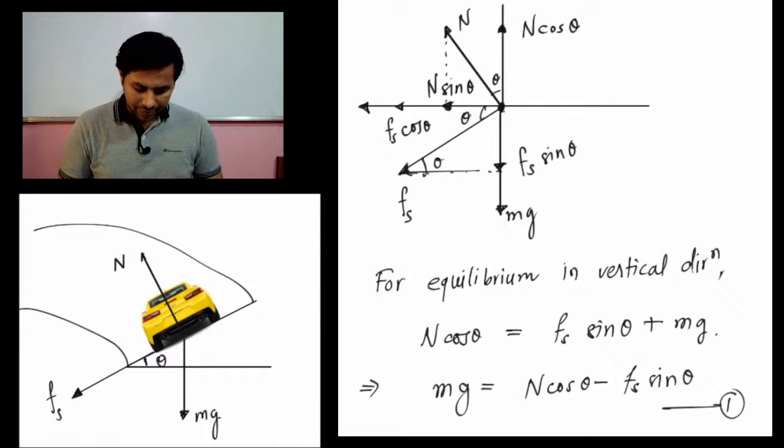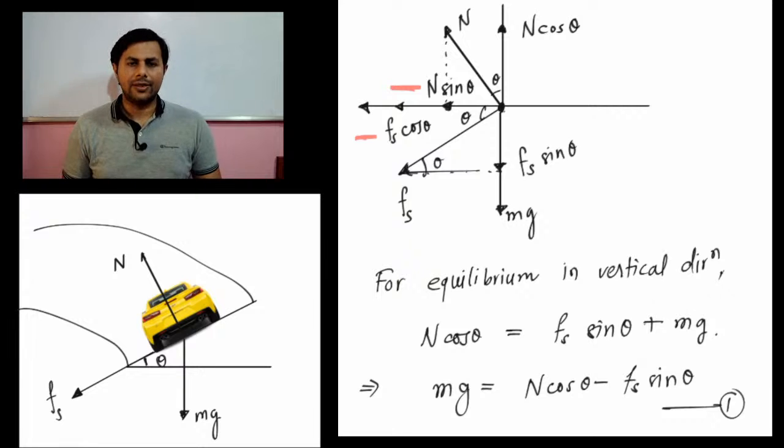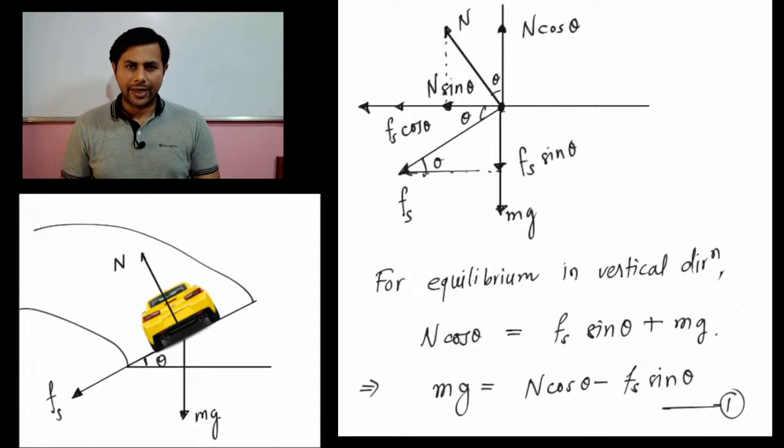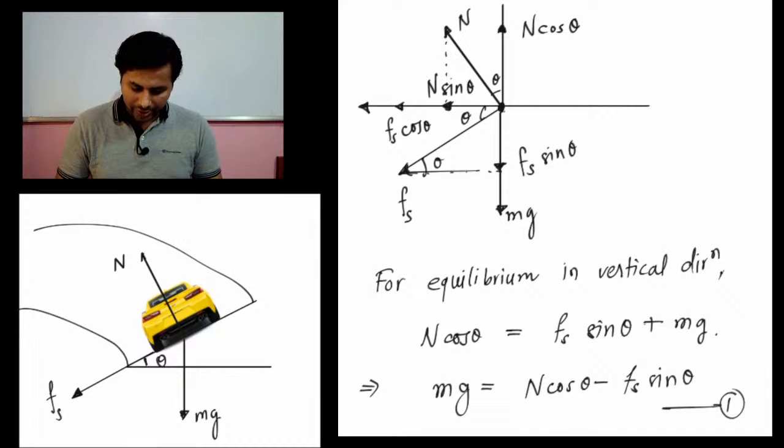After that, N sin theta and Fs cos theta are directed along the radius and towards the center. So N sin theta and Fs cos theta combined provide the centripetal force. Centripetal force is provided by the horizontal components of the normal reaction and the frictional force.